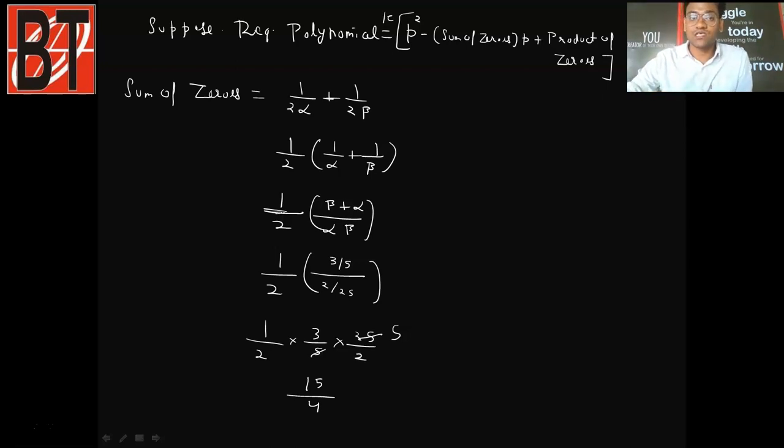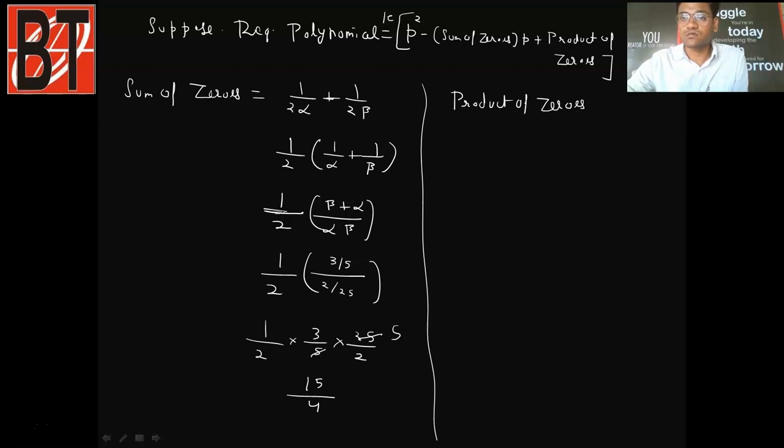Similarly, let me find the product of zeros here. The product of zeros is going to be 1 upon 2 alpha into 1 upon 2 beta, because we want zeros as 1 upon 2 alpha and 1 upon 2 beta.